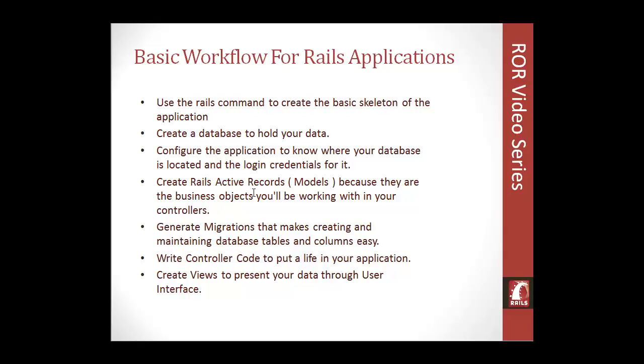Create Rails active records or models, because they are the business objects you'll be working on in your controllers. So we'll be doing that this chapter, I believe. Database migrations allow for easy interacting with the database, and then we would write the controller code, which we'll be doing either in this chapter or the next.